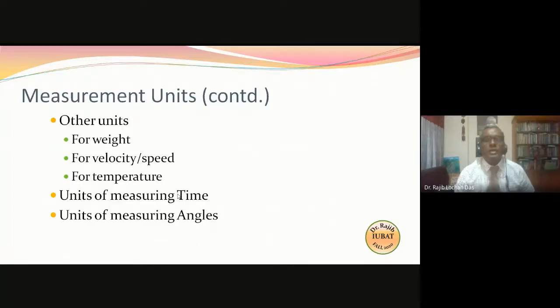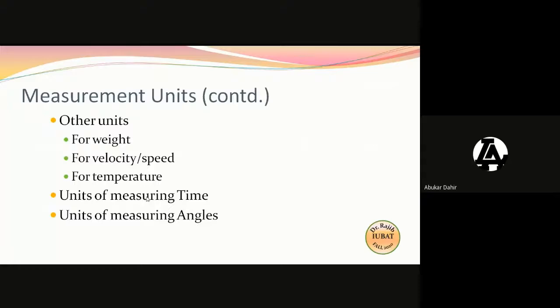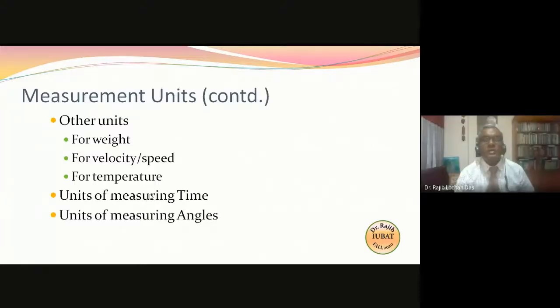And bigger than week is what? Fortnight, 15 days. And then month, then year. And bigger than year, what is that? Maybe decade, right? Decade means 10 years. And then century, then millennium.